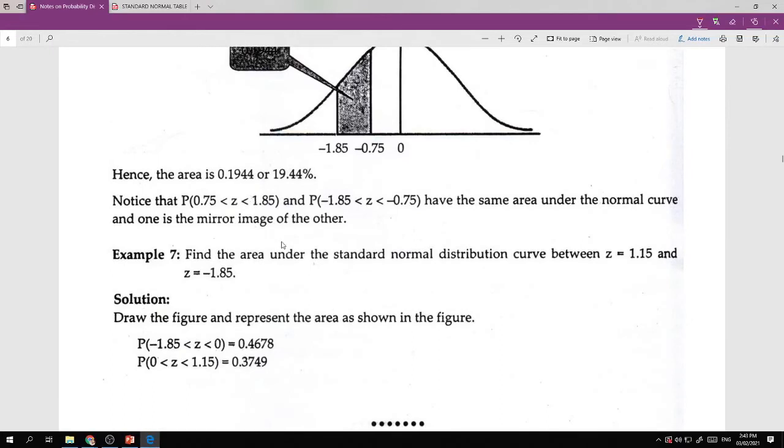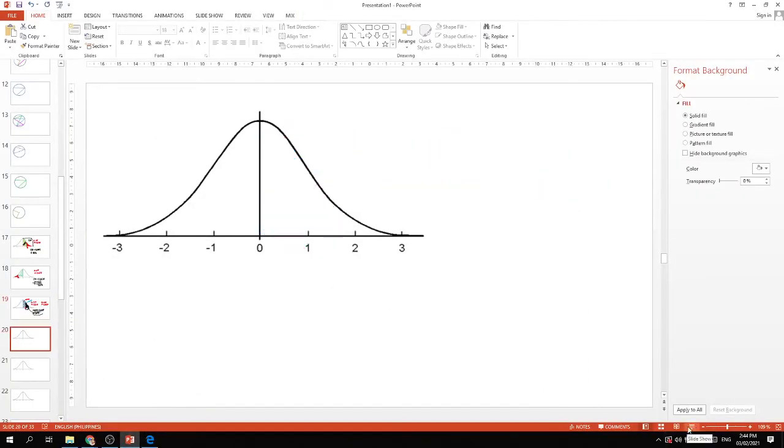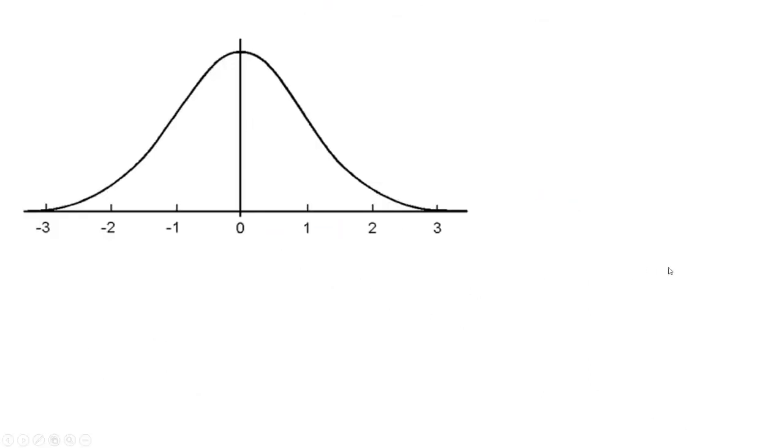Okay, let's have another one. Example number 7. Example number 7 is another thing. So we have here between 1.15 and negative 1.85. Okay, let's draw that. Let's have an illustration on that. Okay, let's locate first.